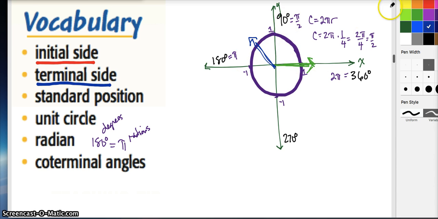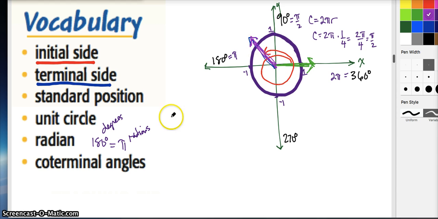We're looking at the degree measure. But then if I were to start here, open this angle up, go around past 360 and continue on back over to this place, I'm going to use purple to represent that terminal ray.